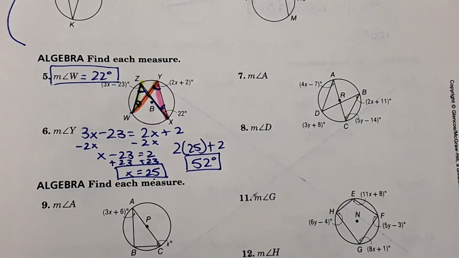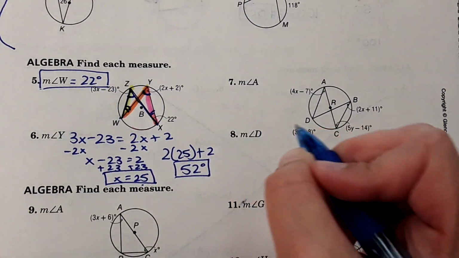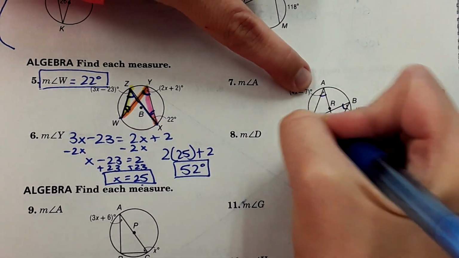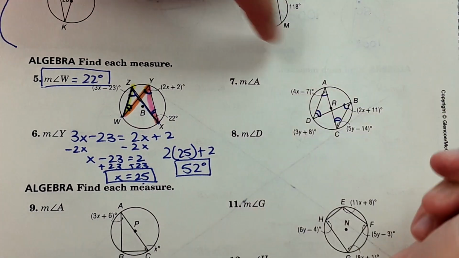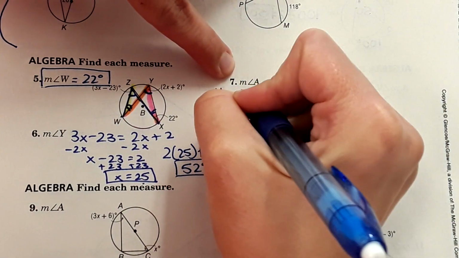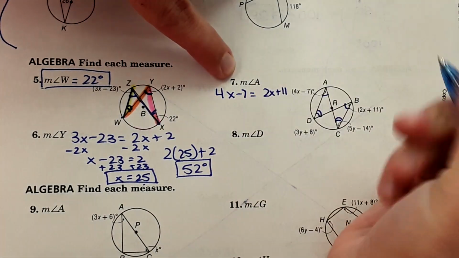Okay. Number 7 is almost the exact same as this one. For number 7, this angle would be congruent to this one, and this angle is congruent to this one here. Measure of angle A, 4x minus 7 equals 2x plus 11. I have to solve for x first.